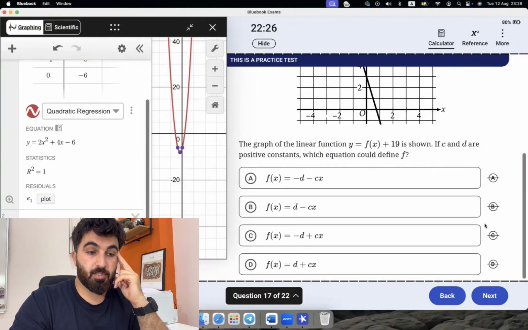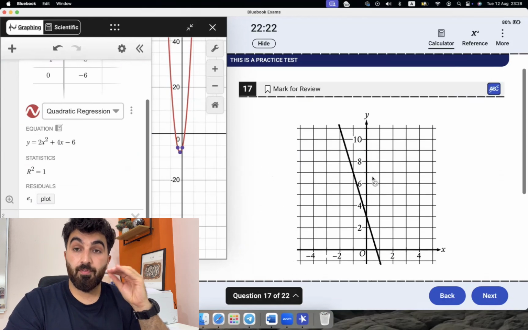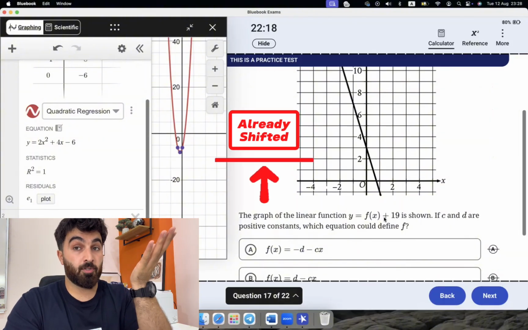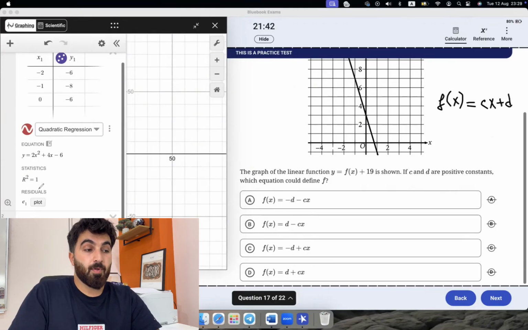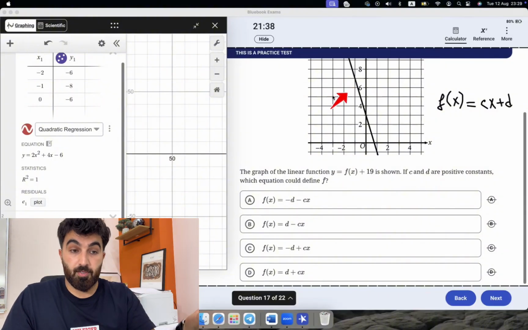And the next question is 17. You are given the graph shown. Look, what is the graph? The graph is not f of x. The graph is f of x shifted 19 units up. The answer key says cx plus d, right? Let's see what the slope is. Because the line goes down, the slope is negative, so c must be negative c, right?